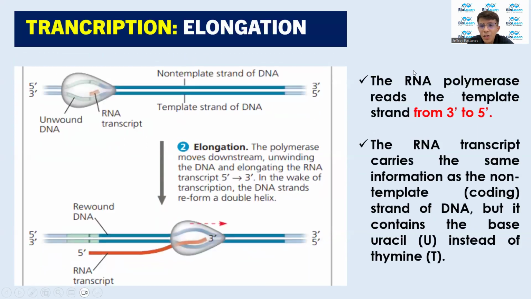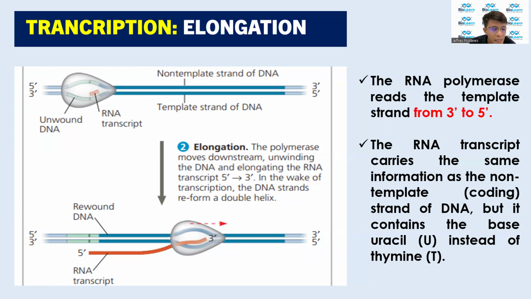Now, in the process of elongation, the RNA polymerase reads the template strand from 3' to 5' direction. Basically, this is the template strand, the one at the bottom, because that's the 3' to 5' direction. So if the RNA polymerase reads the template strand from 3' to 5', it means that the movement of this RNA polymerase is from left to right, in respect to this diagram.